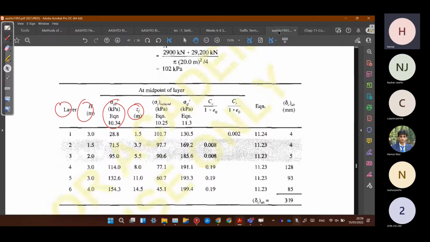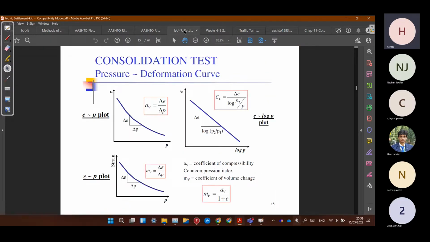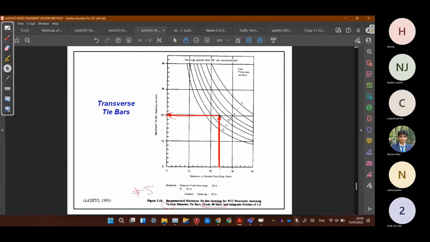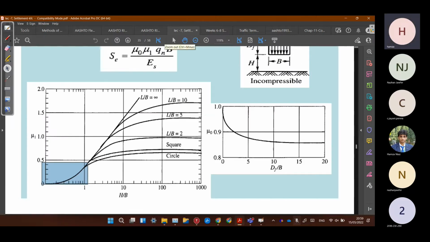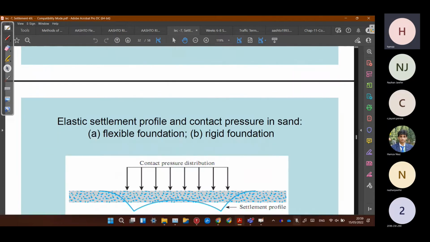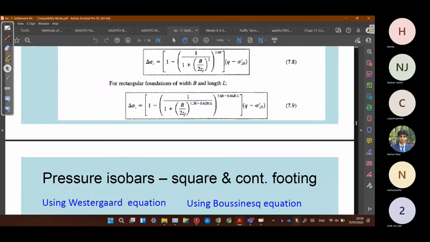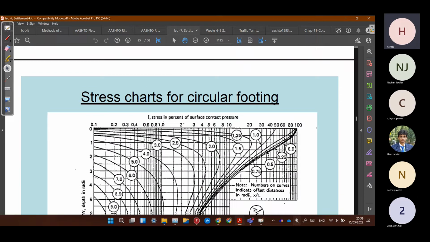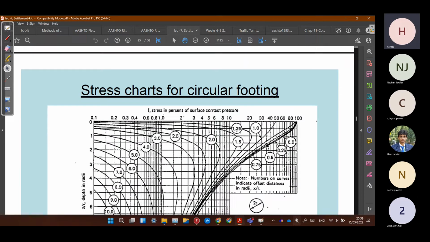Now, if we move towards the settlement charts, yes, this is the stress chart for circular footing.